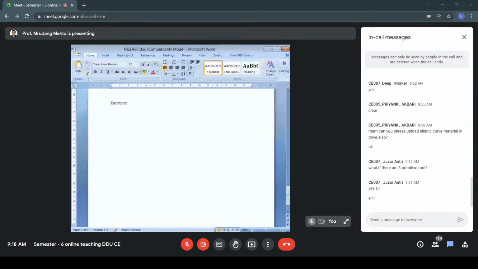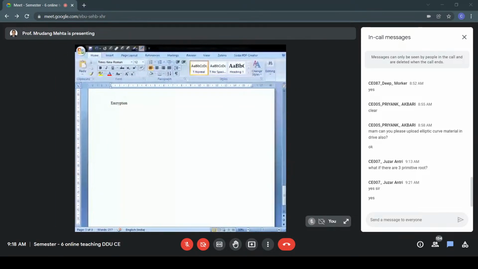Like in RSA, we have plain text, so we have one number, and with the help of the public key, we will perform the encryption using the public key and the plain text that we have.